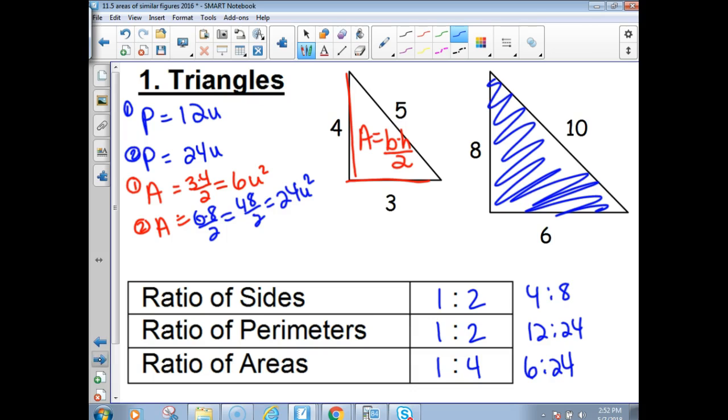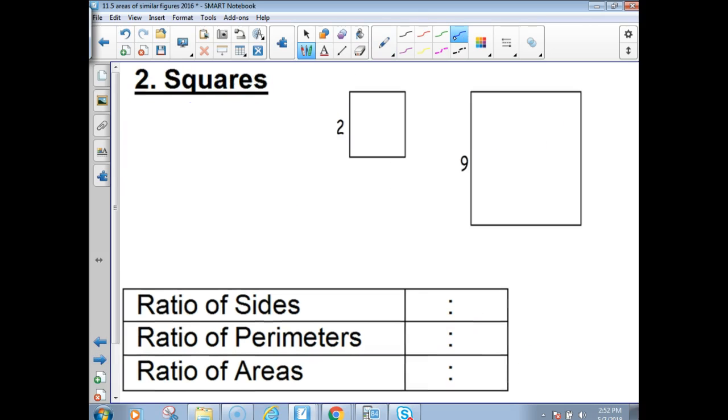So we're going to look at the next picture. These are not looking like squares to me. Excuse me, and my apologies. The ratio of the sides, though, would be 2 to 9. What's the perimeter of a square with one side that's 2? The perimeter of the first one would be 4 units.